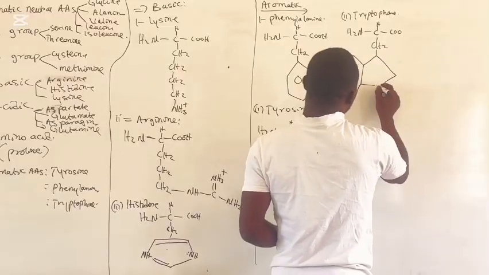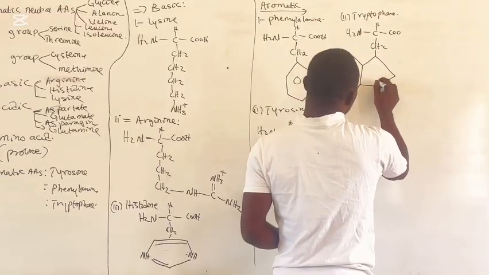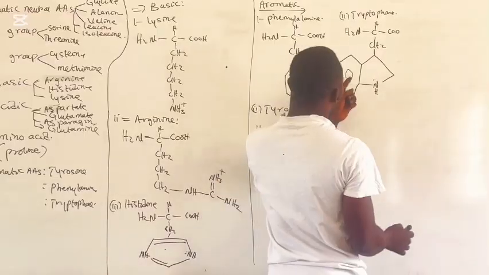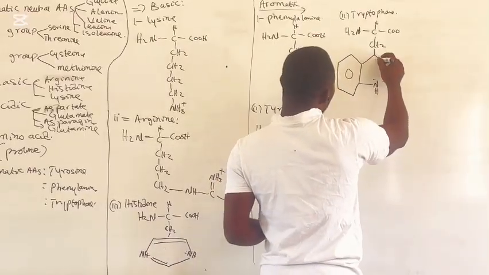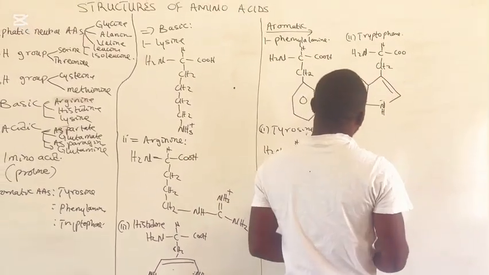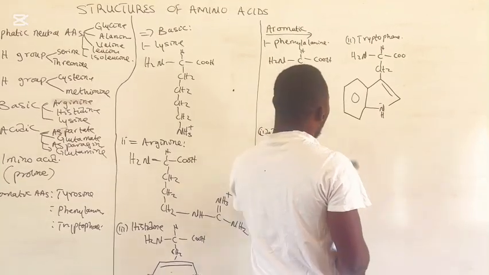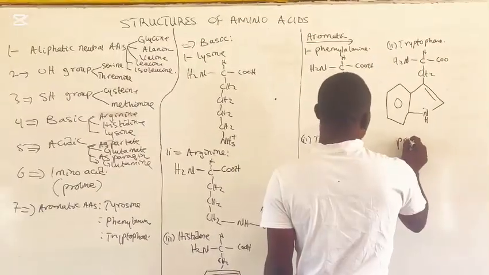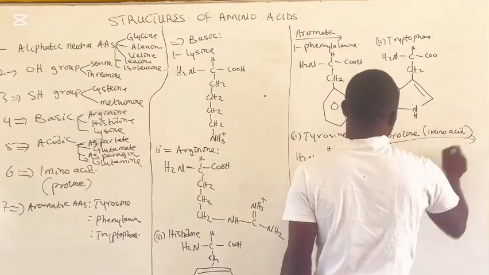So here there is NH with lone pair. So this is a benzene ring and we are having a double bond here. So this is the structure of tryptophan. It's having two rings.